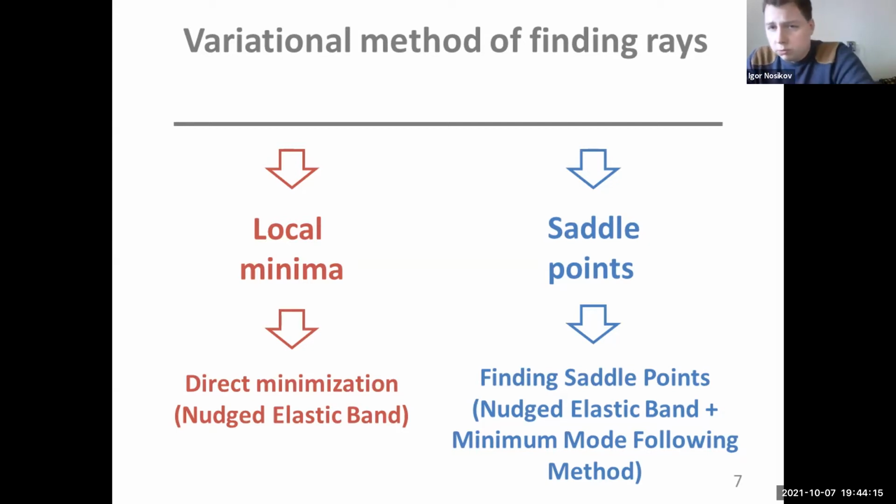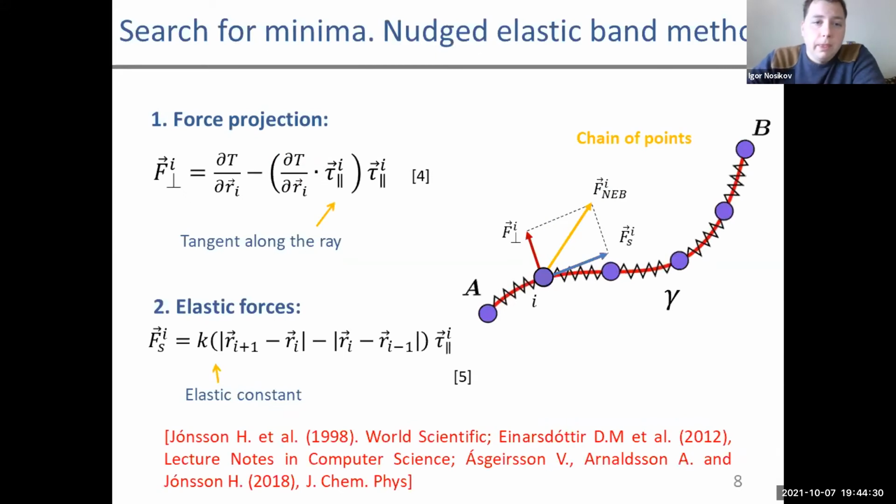And in order to find the saddle points, we need to use multiple numerical methods. At first, we'll discuss how we search for the minima.